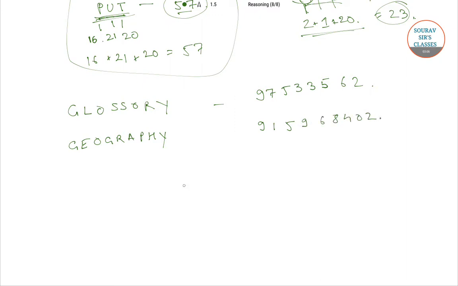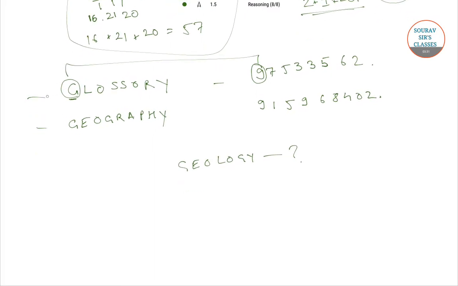So we have to find how geology would be coded. From these two it is clear that each letter is represented by a number and this is random, as G is getting coded as 9, L is coded as 7 and so on. So from these two we find that G is coded as 9.